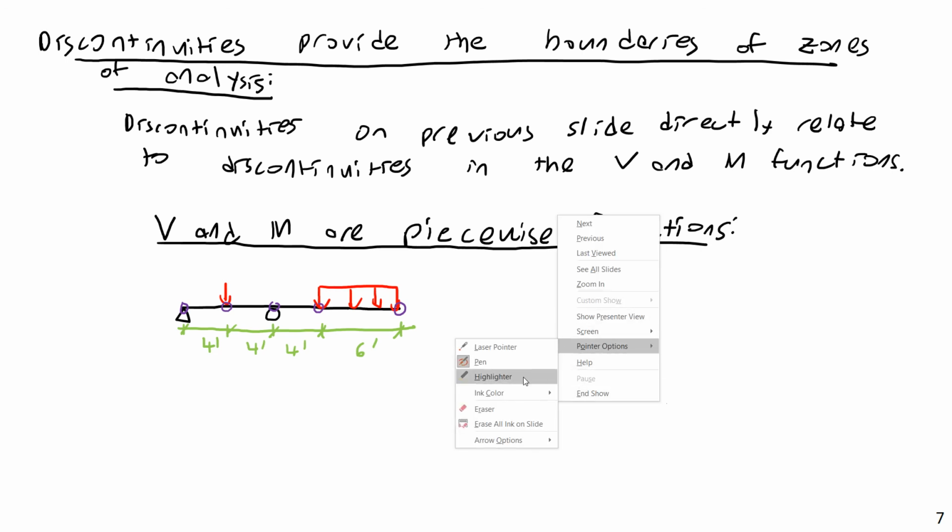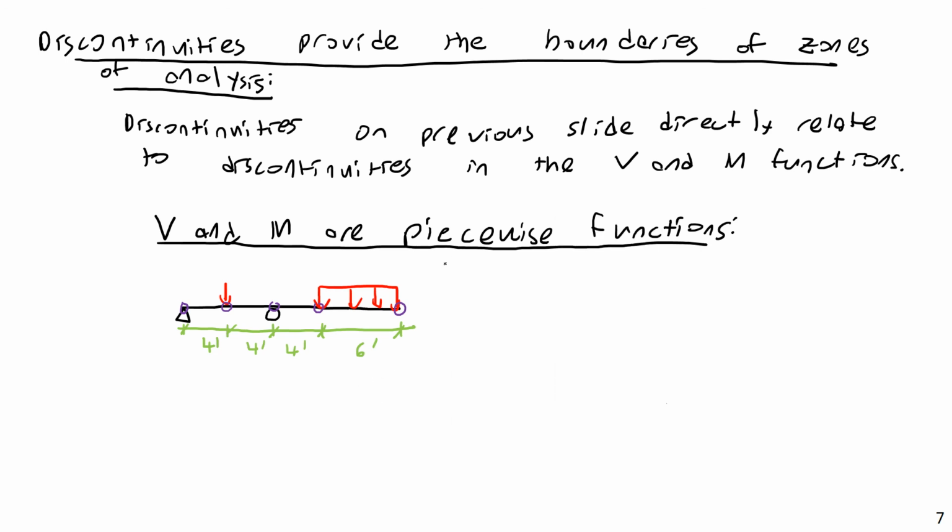So my V and M functions are going to end up looking like this. My V of x, and notice I'm going to take these for a consistent x. I'm not going to solve through this one because it would be a bit long, but I will illustrate the idea. You would have some function when x is between 0 feet and 4 feet, and that would cover this region here. You would have some other V function when x is between 4 feet and 8 feet, describing the shear from here to here.